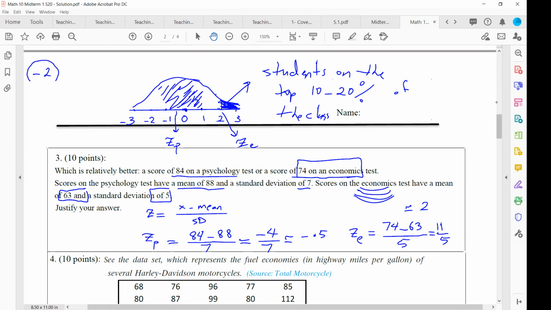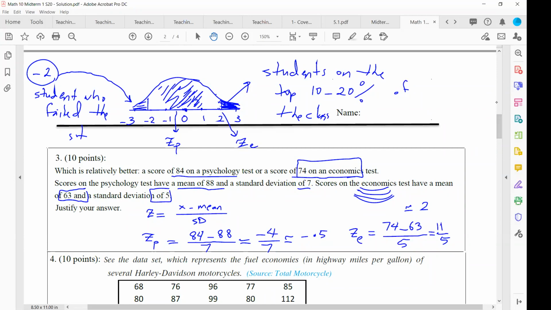If your score is -2, it means that you are in the lower bracket in the class. The students who did terrible on the test. So this is students who failed the test. So sign is very important.